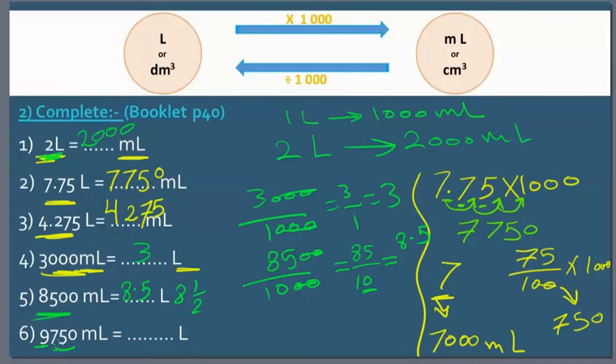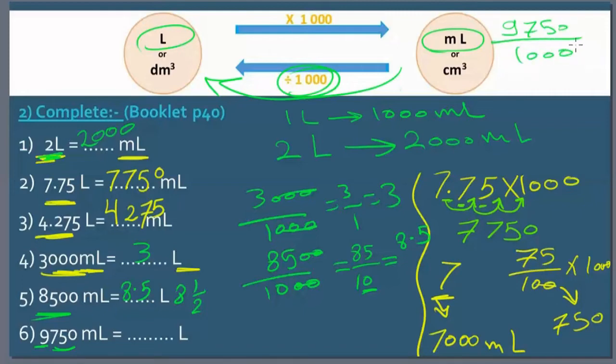9,750 milliliter. I want to convert it from milliliter to liter. So this means I will divide by 1,000. Let's divide. 9,750 divided by 1,000. Okay, I can remove 0 with 0. And I will put the decimal point after 2 digits.